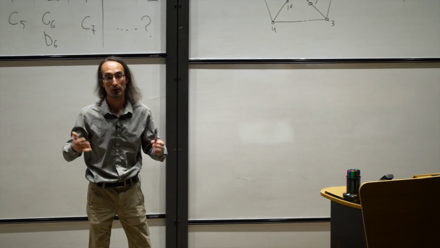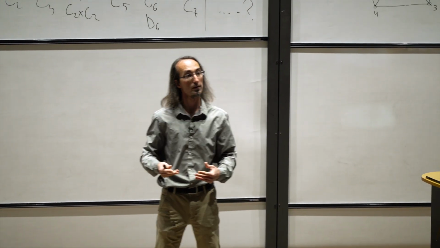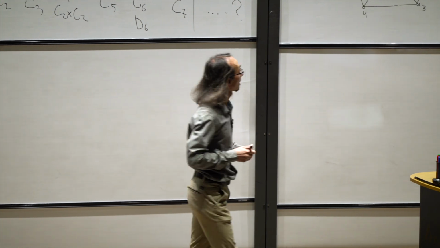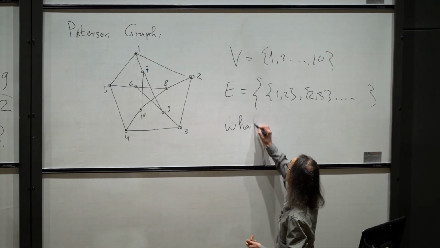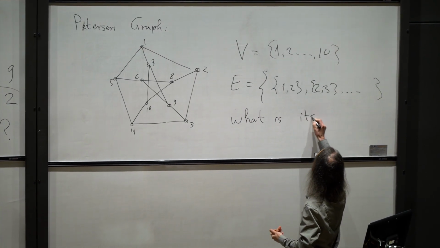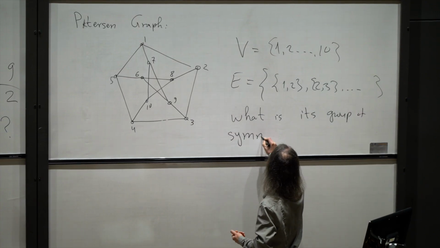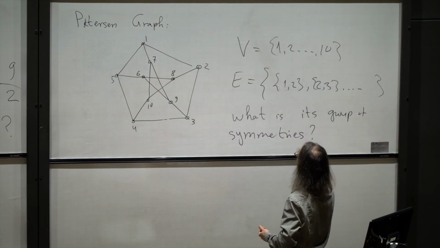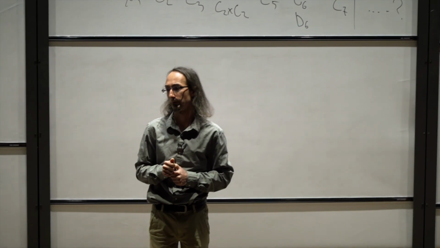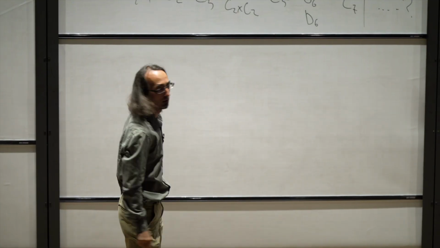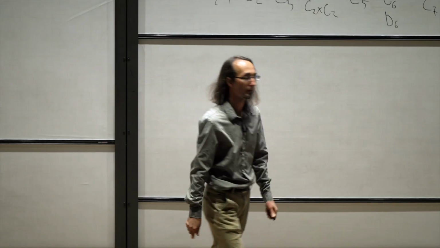From the definition, you can see that the set of symmetries forms a group, because you can compose symmetries and you can invert symmetries. So one question is, what is the group of symmetries of this graph? We're going to find an answer to this question later in the course. This is just to give you an indication of which direction we'll be going towards the end.